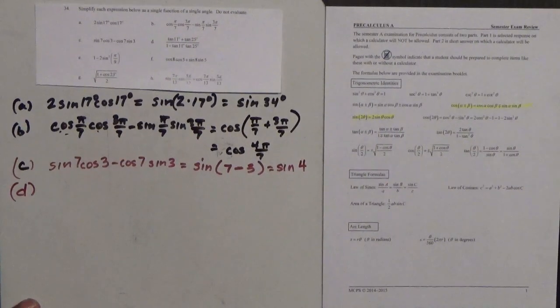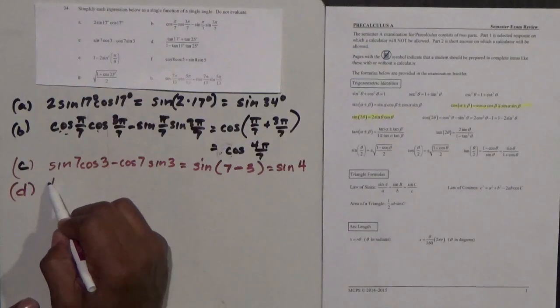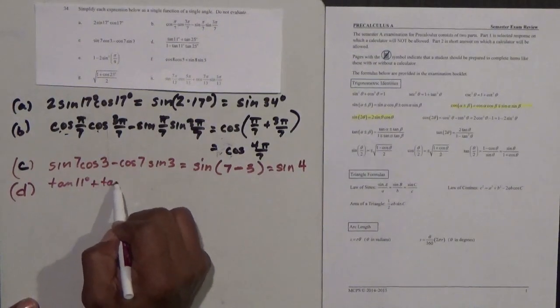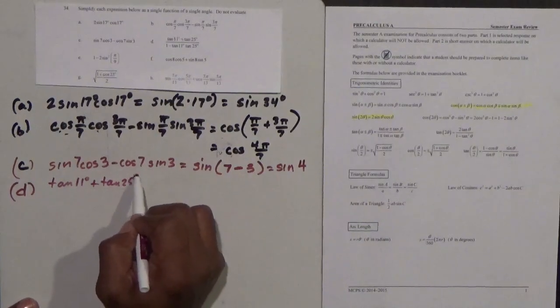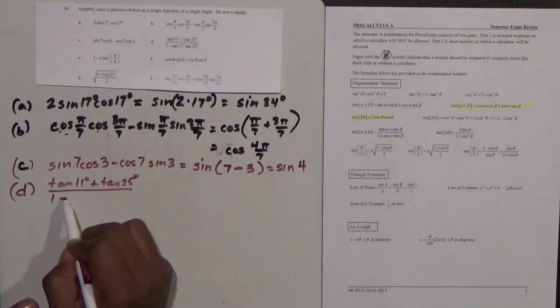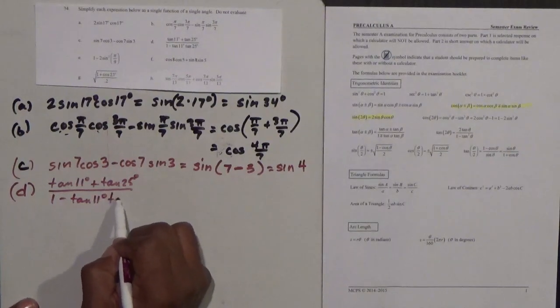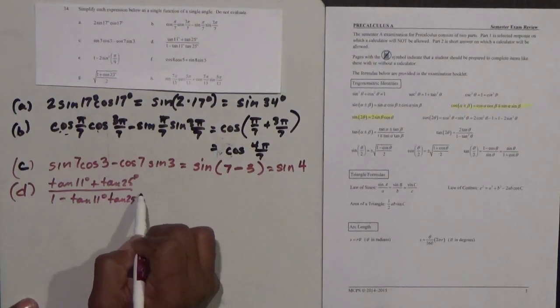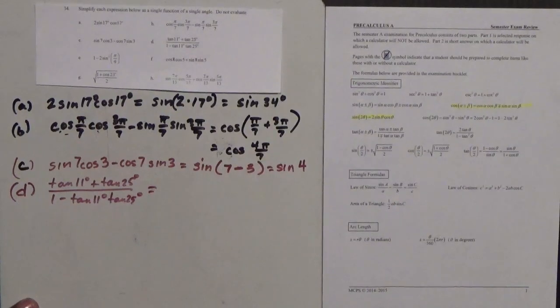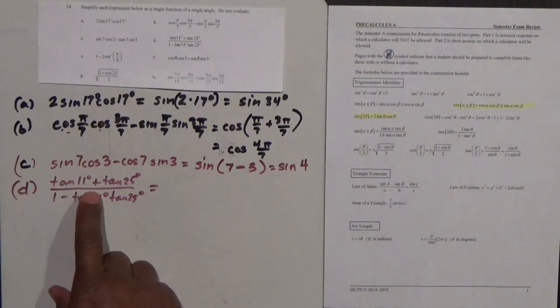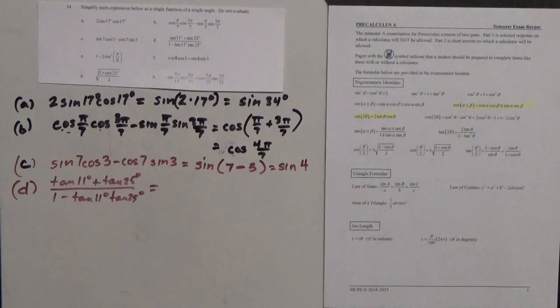D, we have tan 11 plus tan 25 over 1 minus tan 11 tan 25. Looking at that one, that's definitely tan. We look at the numerator to decide whether it's sum or difference, and it's sum.